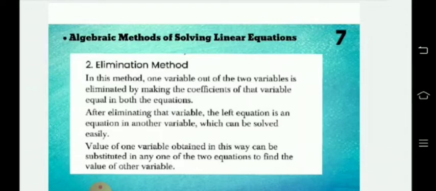so we only do the substitution method and the elimination method. Question: on comparing a1 by a2, b1 by b2 and c1 by c2, find out whether the following pair of linear equations is consistent or inconsistent. Before doing this question, let us know what consistent means. Consistent means a unique solution or infinitely many solutions.